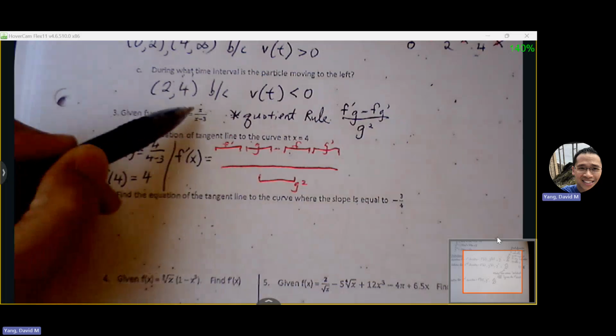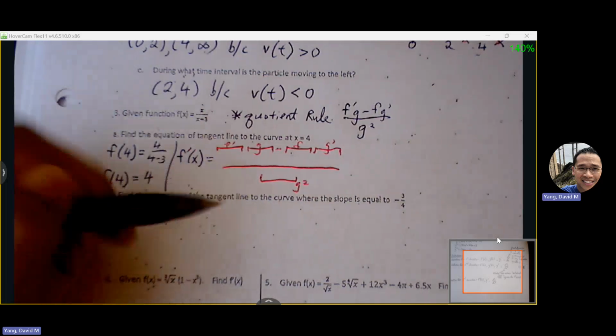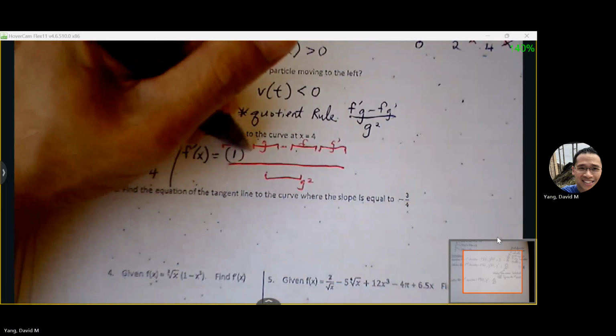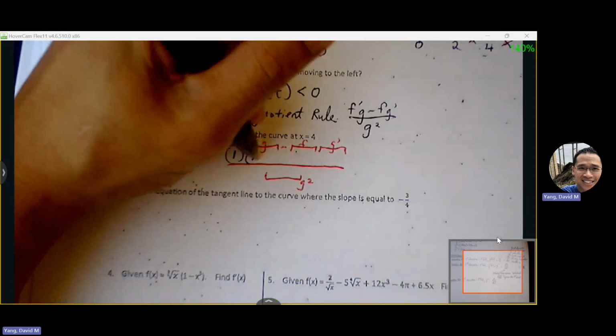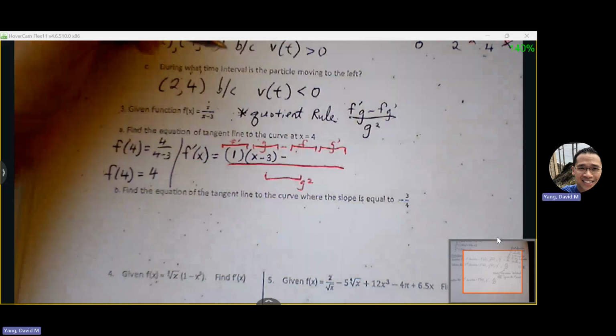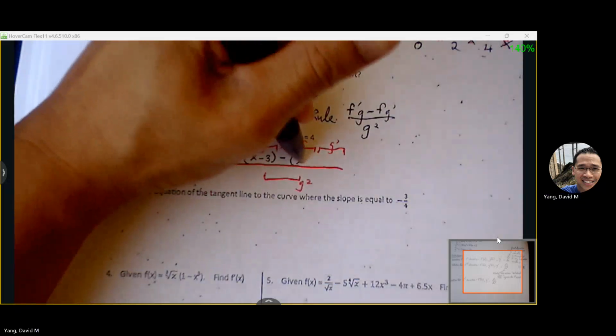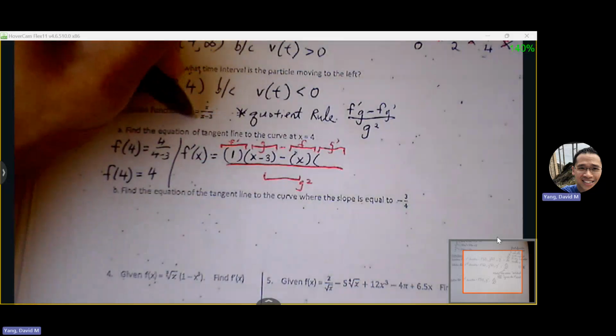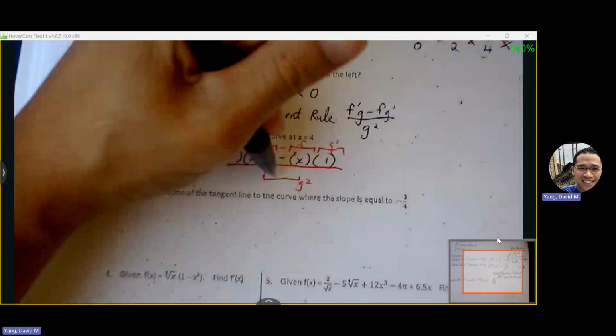Okay, f prime, that's going to be the numerator portion. So x's derivative is just 1. G function, no changes. Back to f. And then g prime, the derivative of x minus 3 is just 1, all over denominator squared.